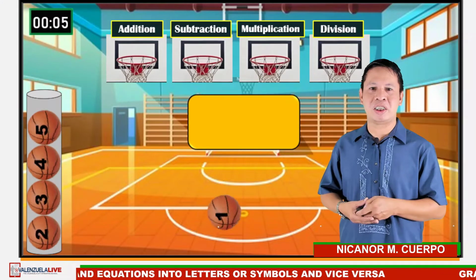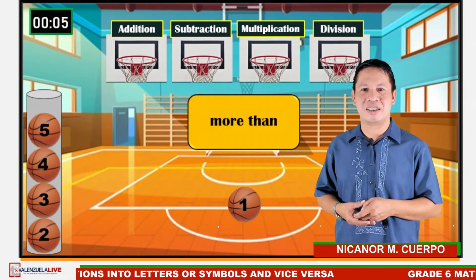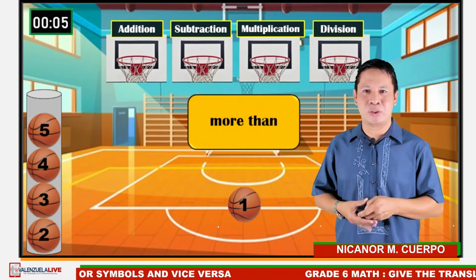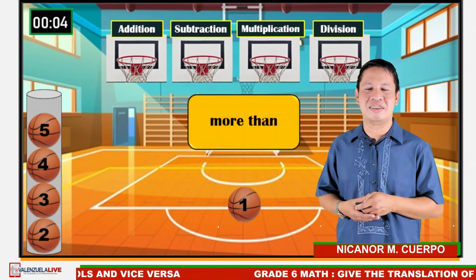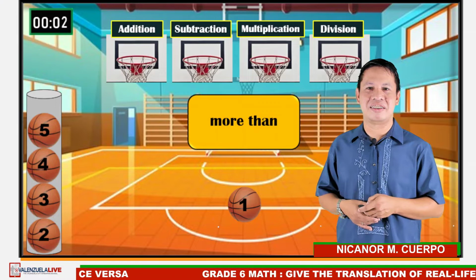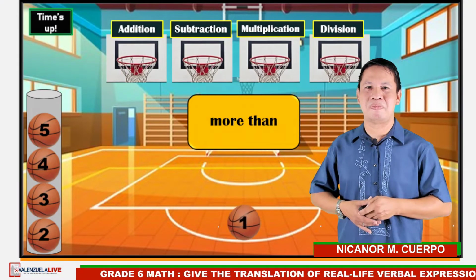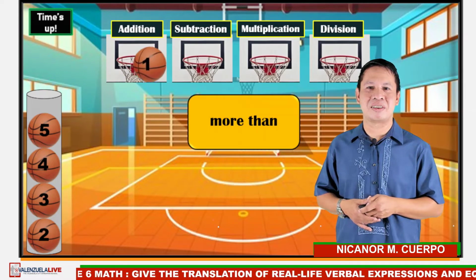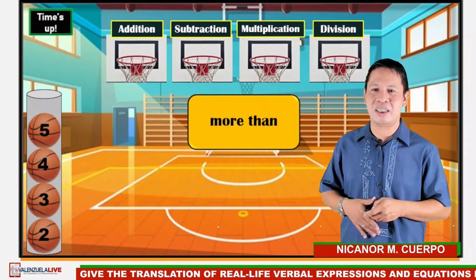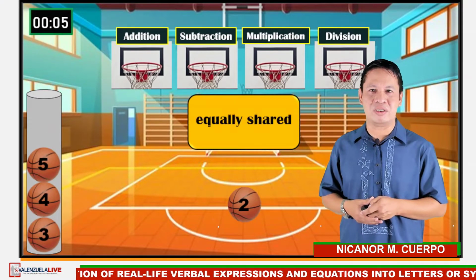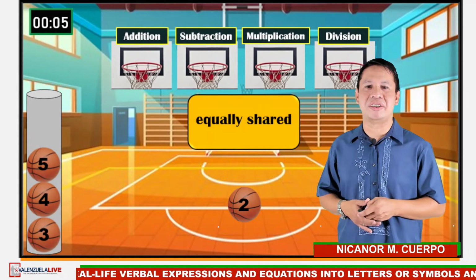So, for our first ball, more than. In 5 seconds, shoot that ball. Time's up. The correct answer is addition. For our second ball, equally shared.